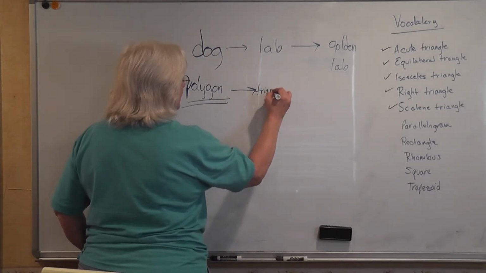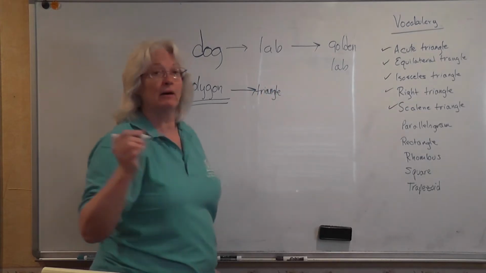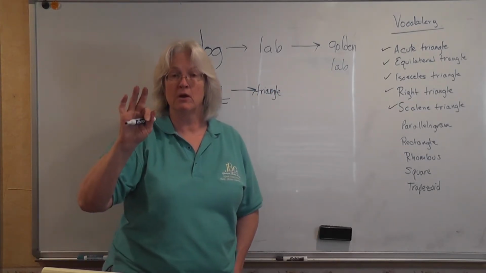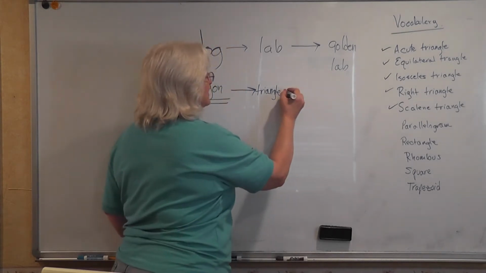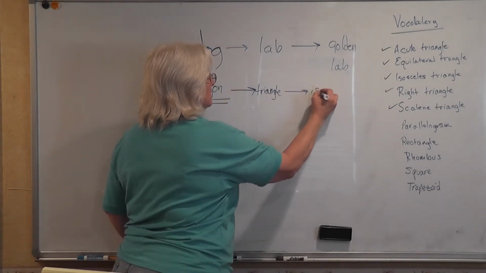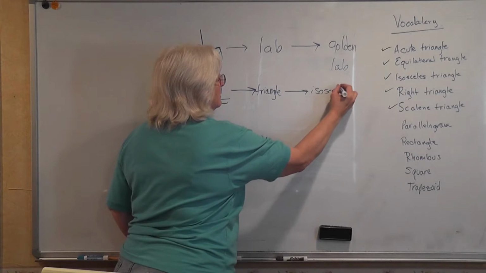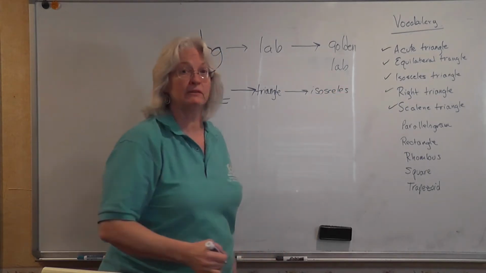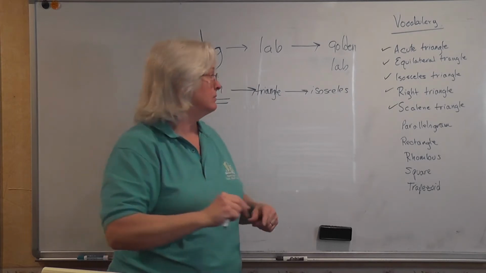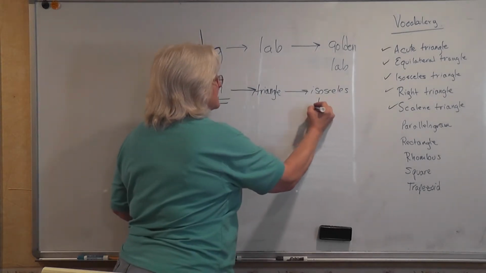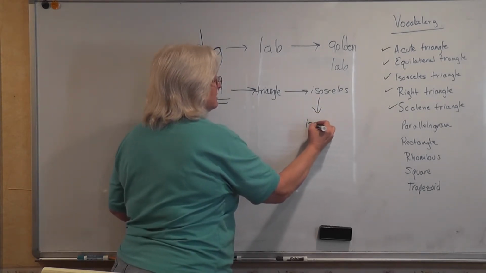Okay, that helps me. Now I know that there are three sides to it. Well, what else can you tell me? Well, it's an isosceles triangle. Okay, that tells me that at least two of the sides are equal. You can say, oh, it's an isosceles right triangle.